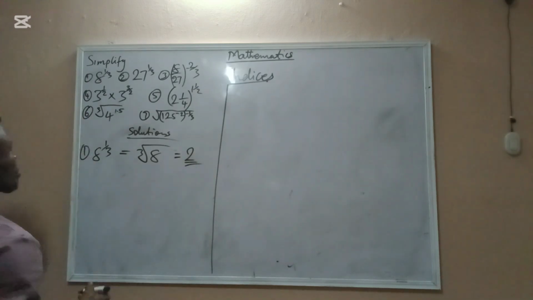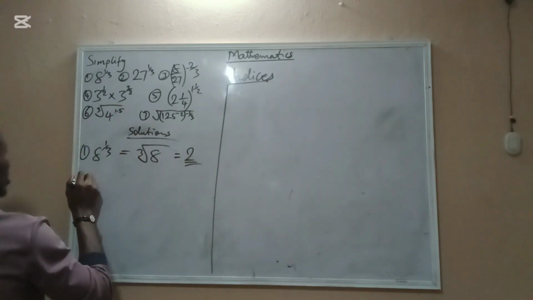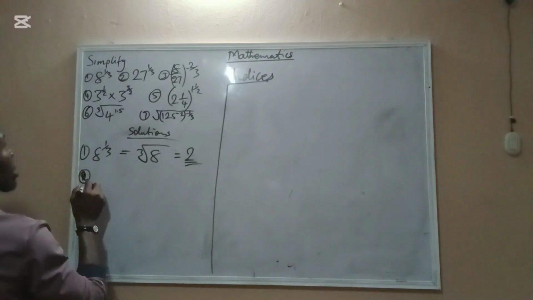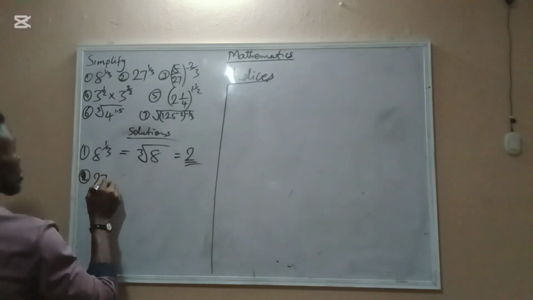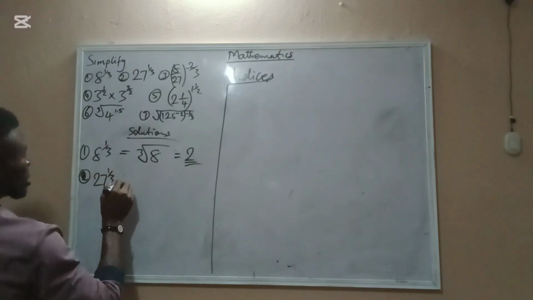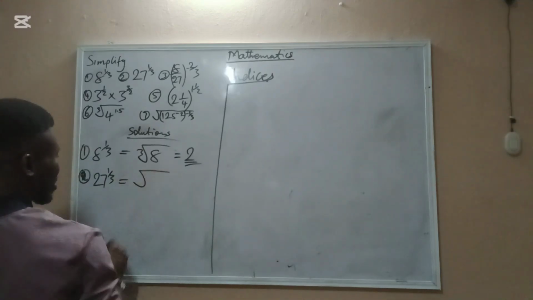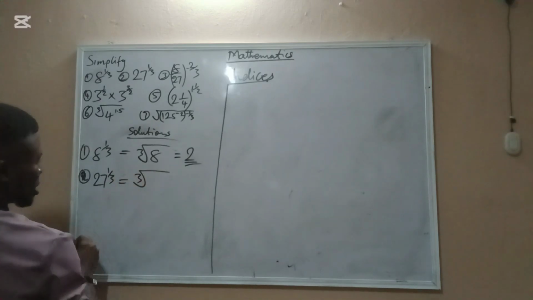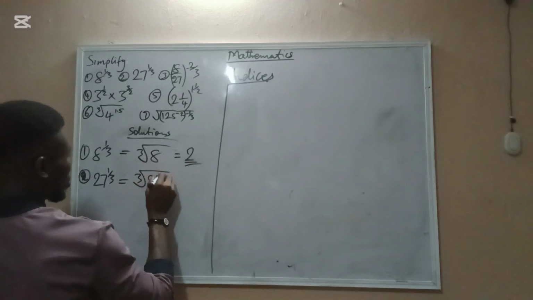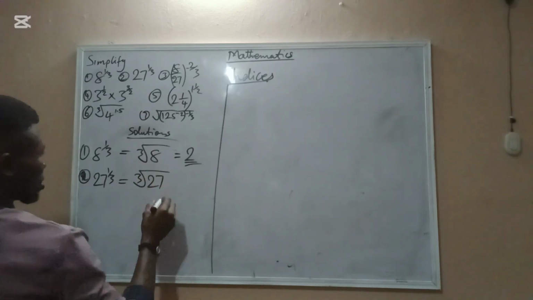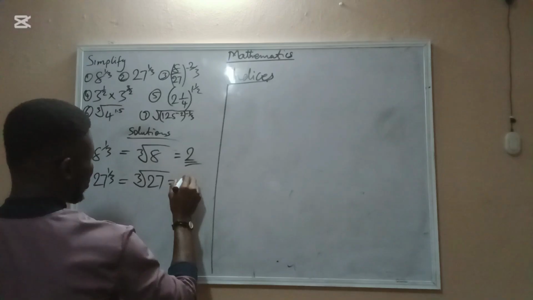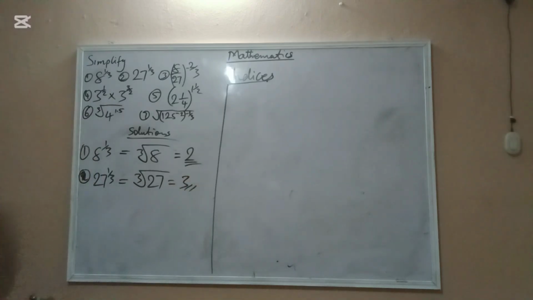The cube root of 8 is 2. Then the second one, number 2, is 27 to the power 1 over 3. And this is the same thing, from the law of fractional power, as the cube root of 27 raised to the power 1. So if you do it, it will give you 3.